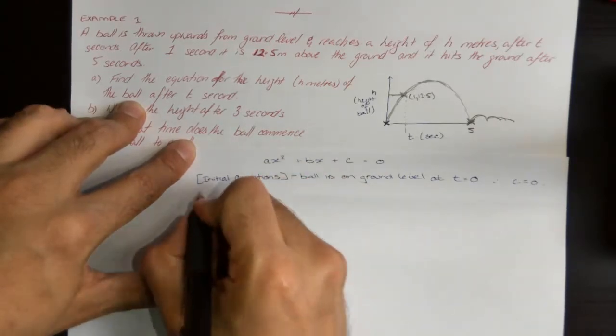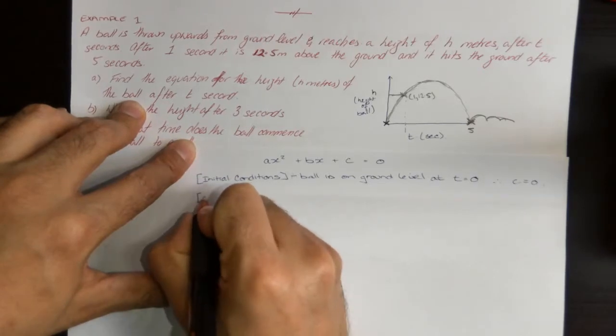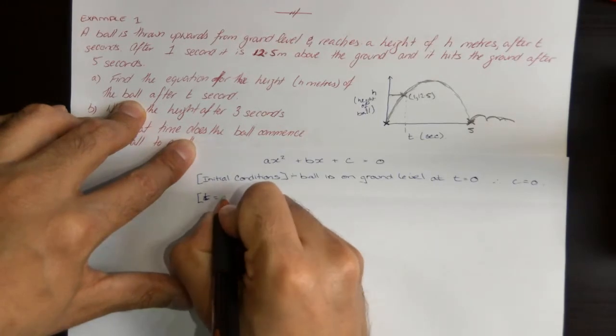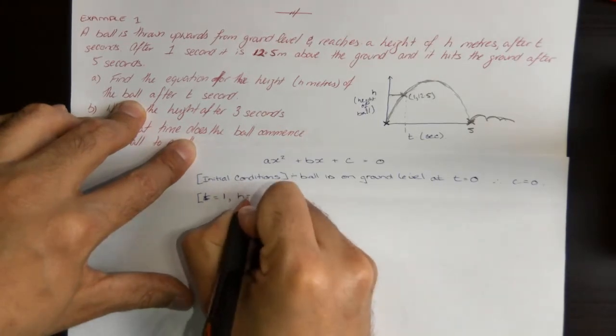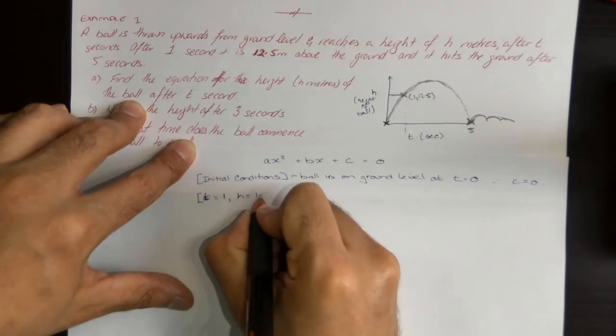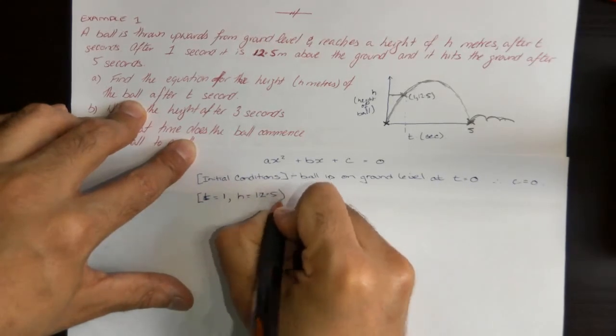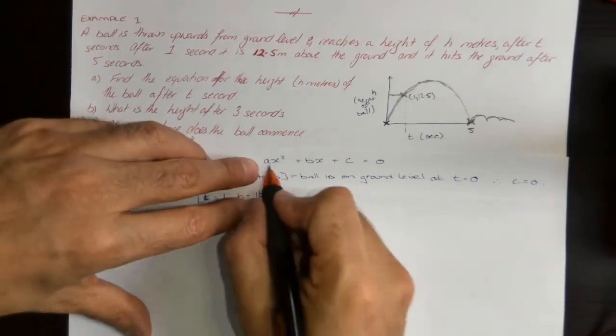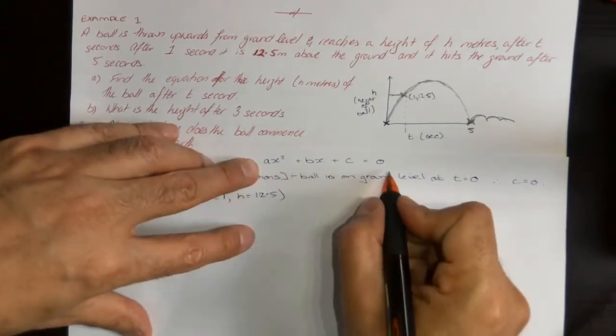Okay, so we know one condition. So when t equals 1, h equals 12.5. Sorry. So basically, I can rewrite this in terms of t's and h's, right?